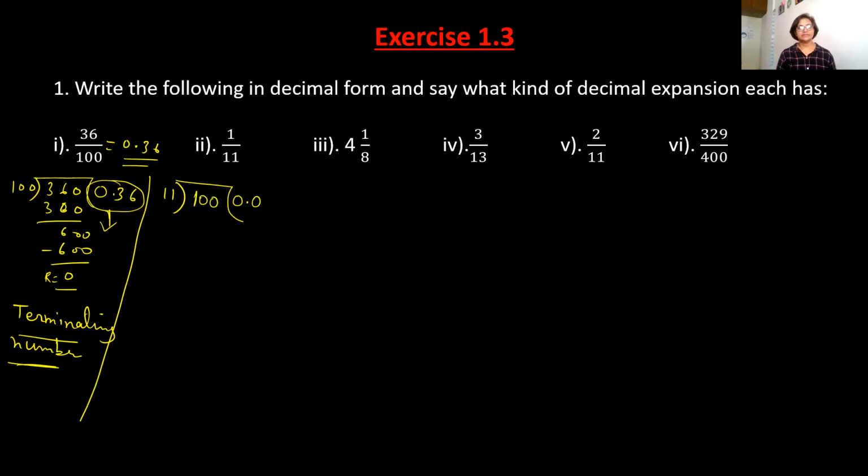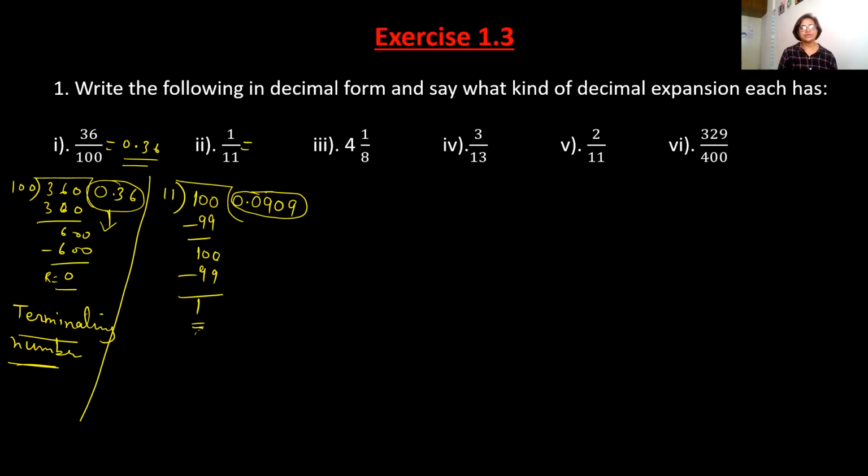Now you can divide. 9 elevens are 99 and then again you will get 1. So again you have to repeat the same thing, then you will get 99, then get 1. So that means this number is repeating. Which number is repeating? 09 is repeating. So you can put a bar on 09.